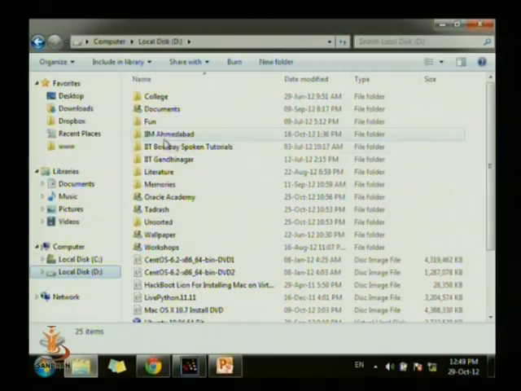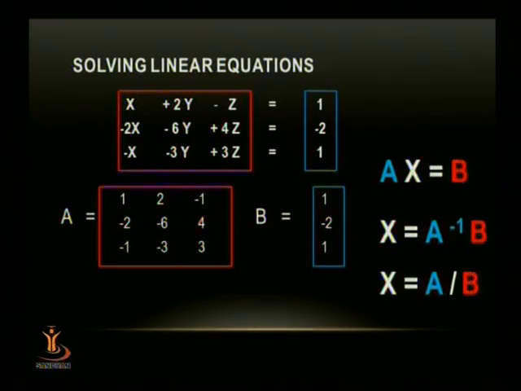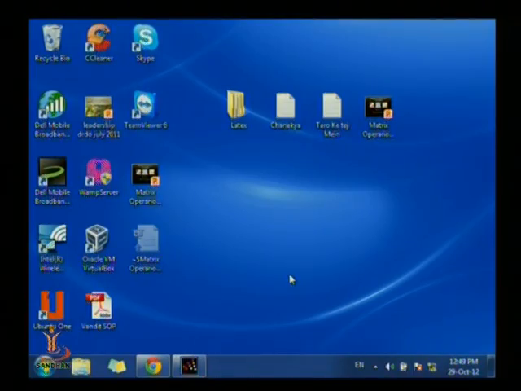I missed the example somewhere, I'm sorry, and you are lucky. But take up any 4 cross 4 linear equation and try to solve it, so that you know how to solve linear equations in Scilab.